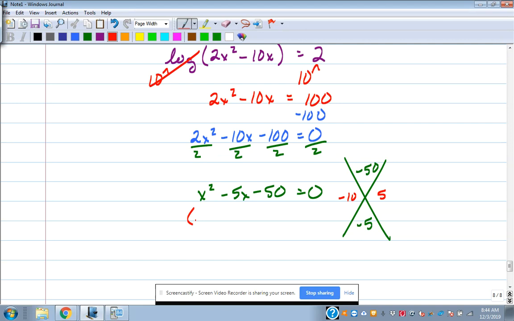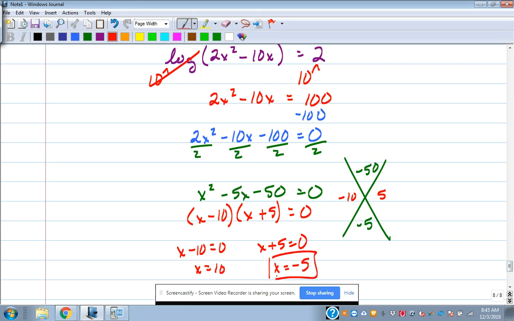And I can take the shortcut. And then I set each of those factors equal to 0. We've been down this road before. We know how to do these things.